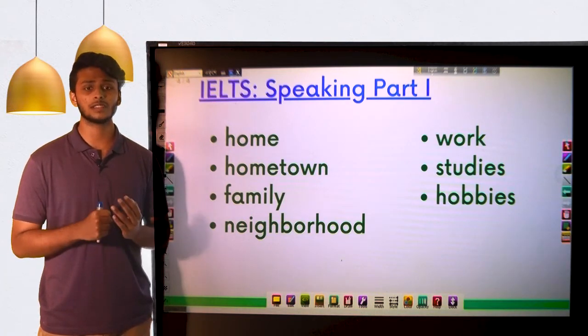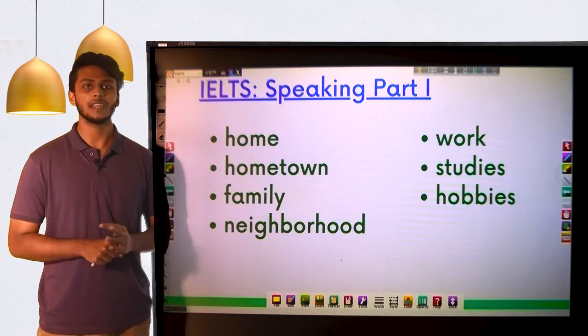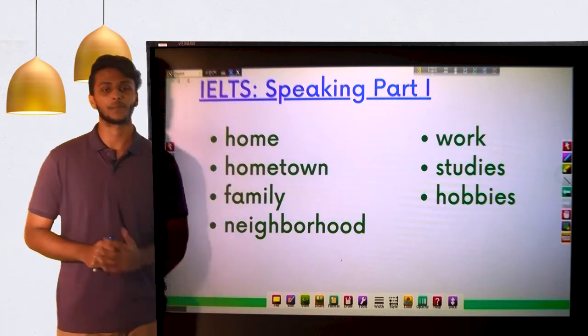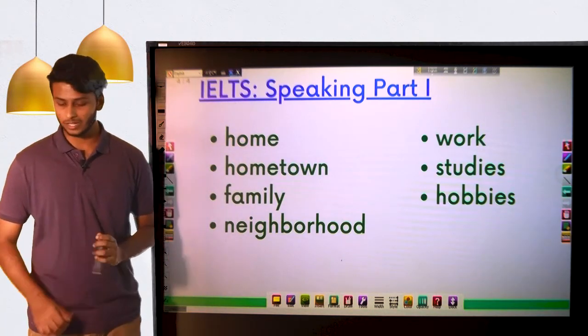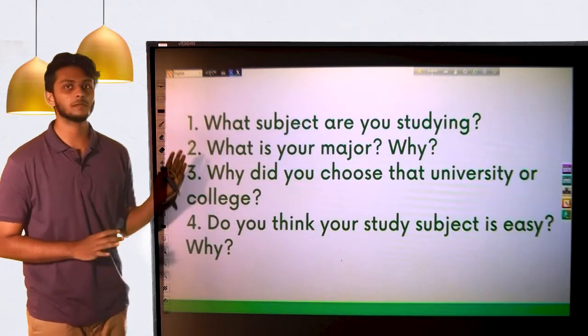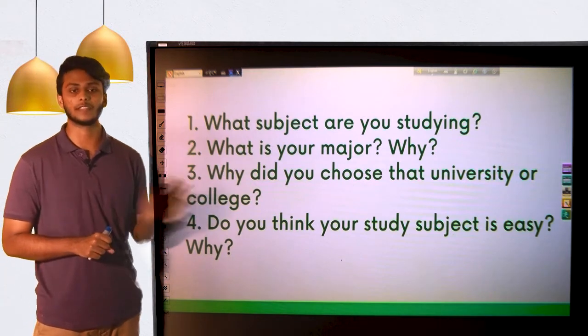So what's that gonna be like? Very simple. He may ask directly about your work or studies. The possible questions are, let me show you. There are some possible questions the examiner might ask you about your study.